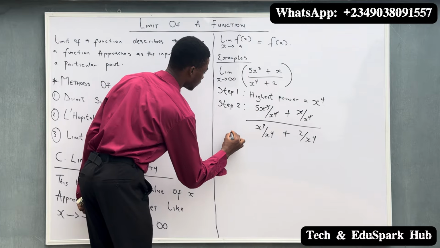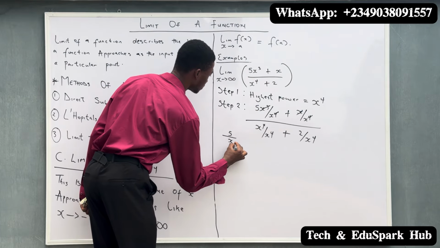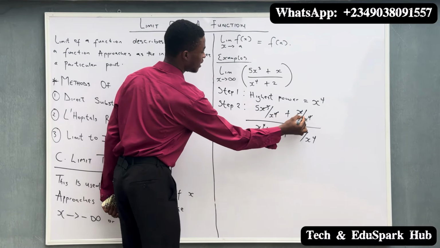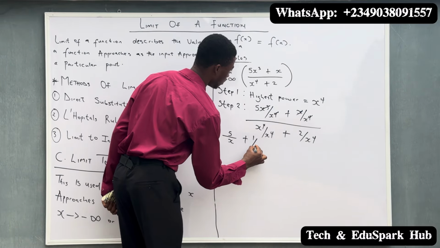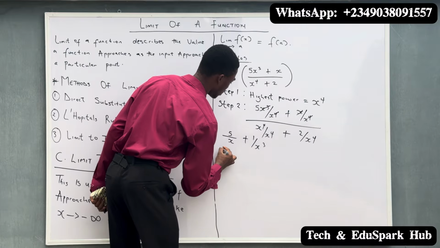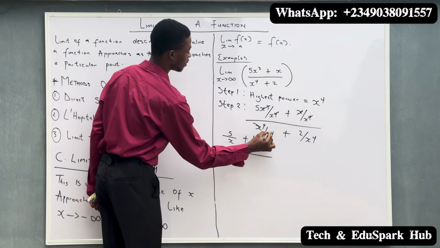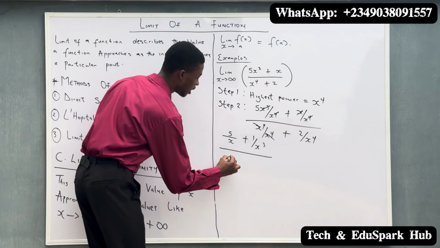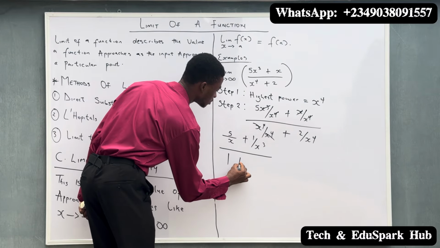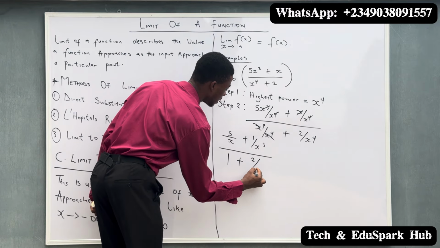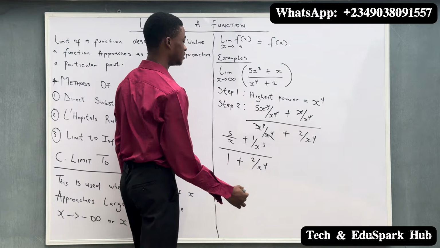In this case, this x cubed can cancel with x raised to power 4, and this x can cancel one of these x raised to power 4. So we are going to have 5 divided by x plus, when the x cancels this, we are going to have 1 divided by what? x raised to power 3. And we are going to have divided by, so this x raised to power 4 cancels x raised to power 4, and we have 1 plus 2 divided by x raised to power 4, because they don't have anything in common.